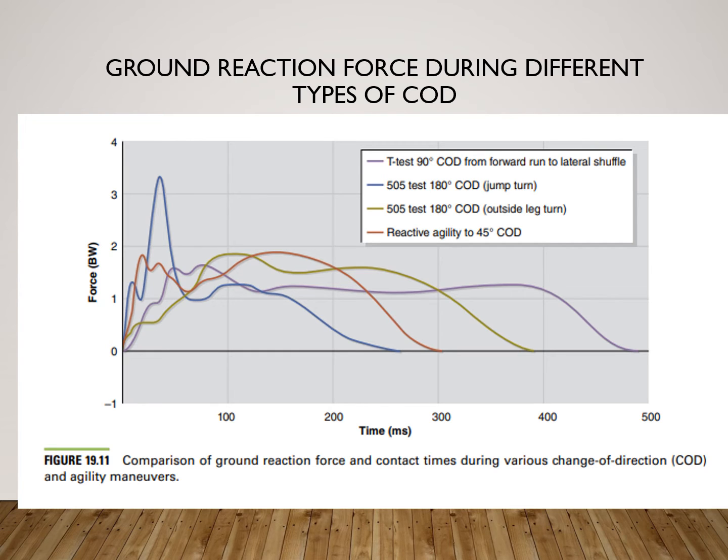But then also factor it in with the amount of recovery required both between sets, reps, and also actual exercise training sessions. So we just need to be aware that the difficulty of the change of direction is going to impact the scale of force being absorbed into the body.